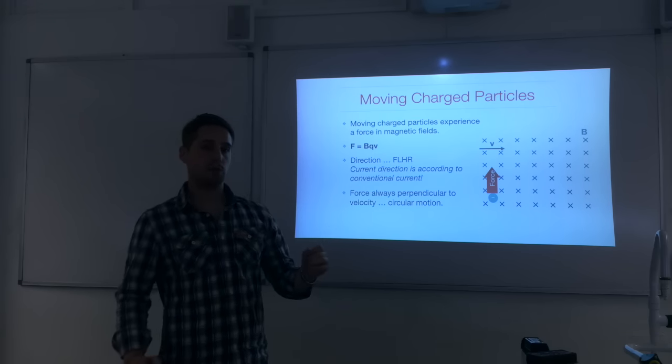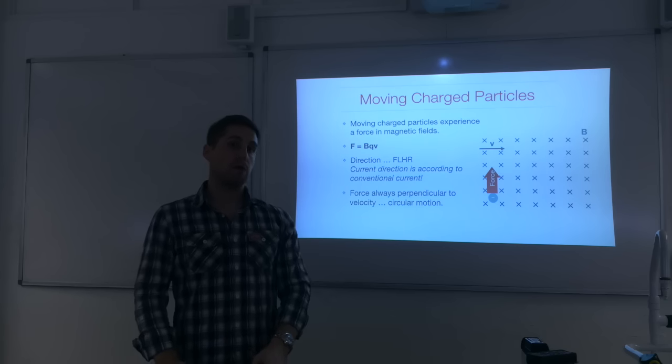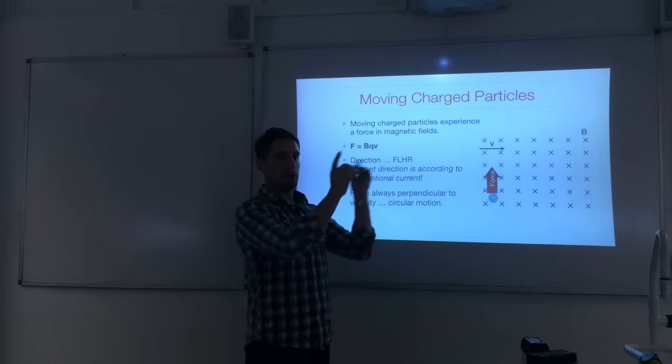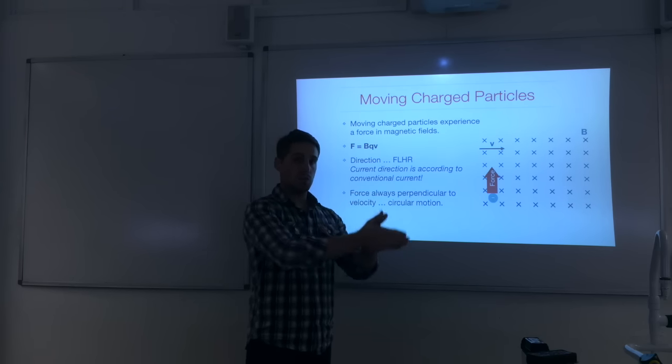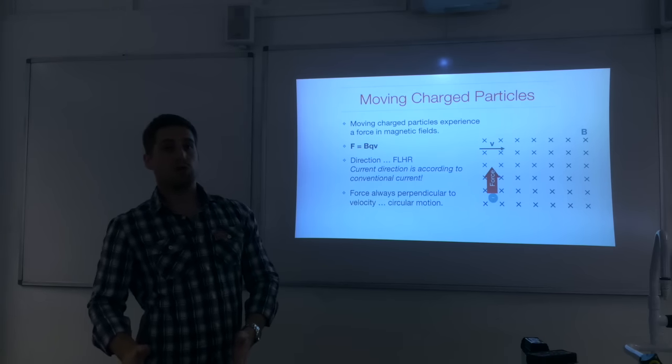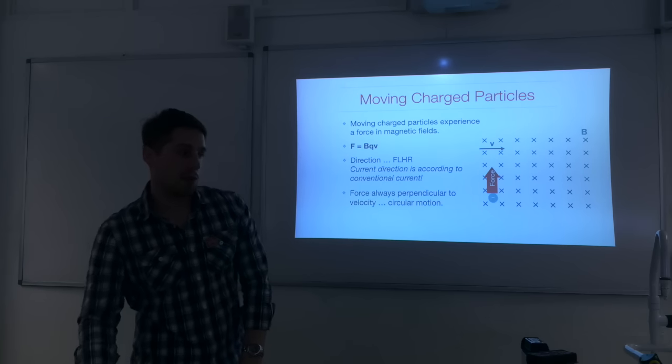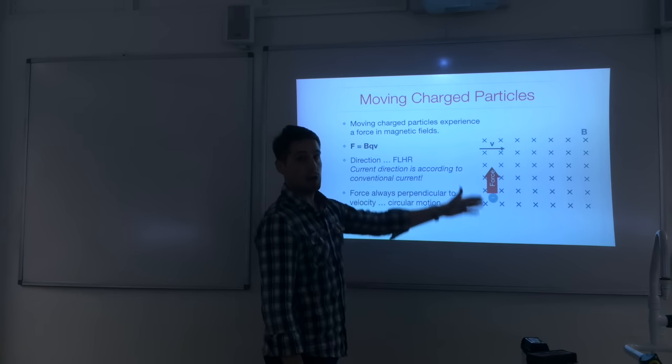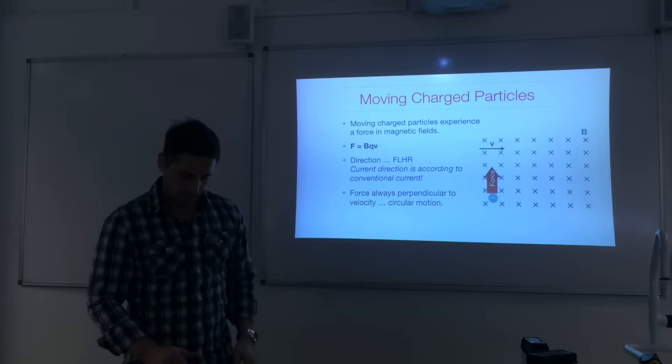So when you have charged particles moving through a magnetic field, you have circular motion. When we were looking at charged particles in a uniform electric field, it was like projectile motion, but here it's circular motion for a uniform magnetic field.